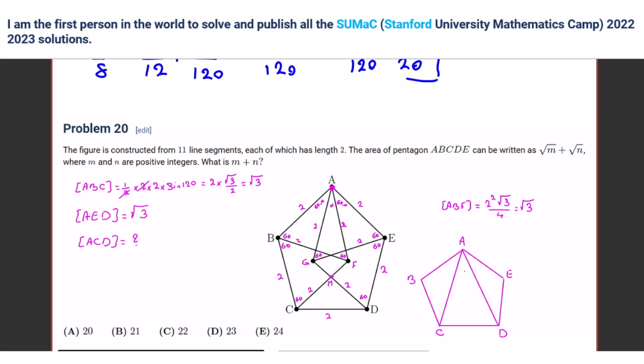Then I found the altitude and did base times height over 2. Okay, what's AC equal to? AC is just 2 root 3 because it's 2 times the altitudes of the triangles. Exactly.